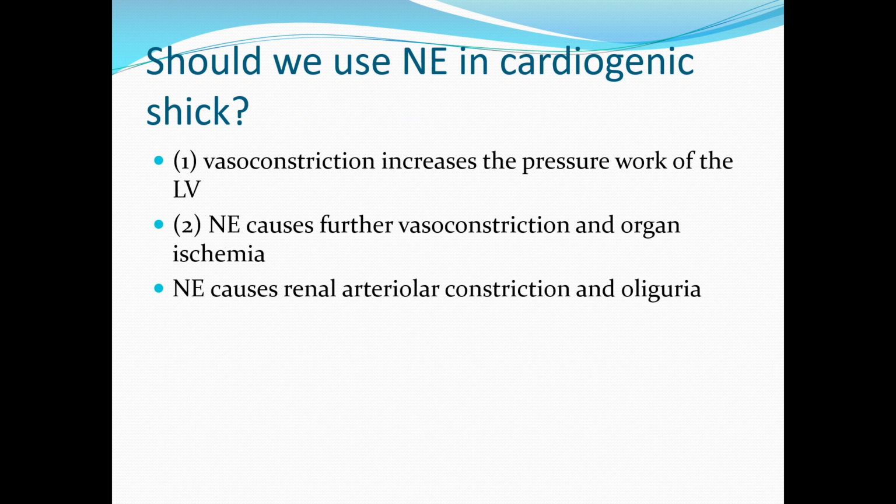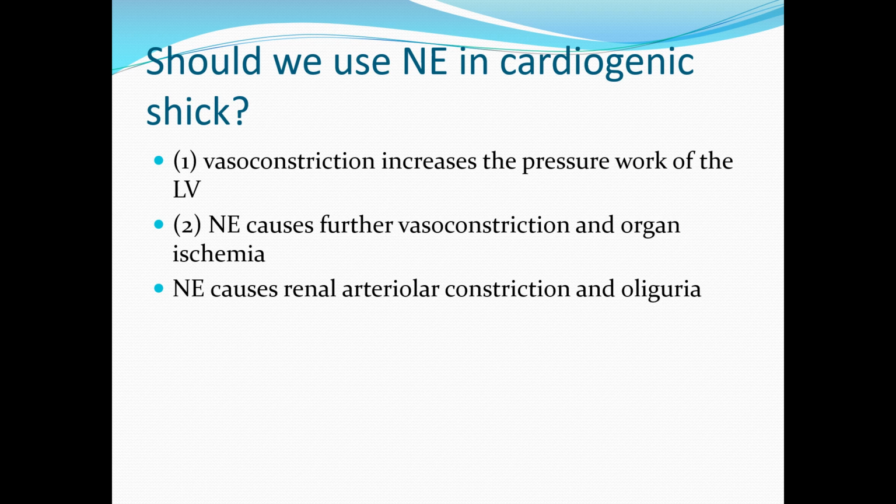So, should we use norepinephrine in cardiogenic shock? Sorry about the misspelling. There are some objections to the use of norepinephrine for treatment of shock, especially cardiogenic shock, based on two specific considerations. First, vasoconstriction increases the pressure work of the left ventricle, and this worsens the oxygen economy of the ischemic pump.